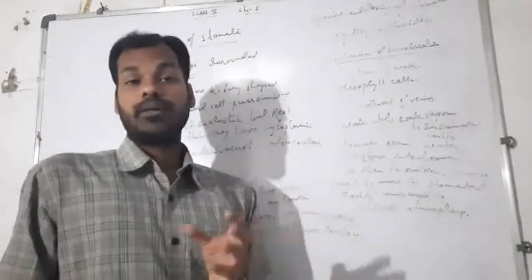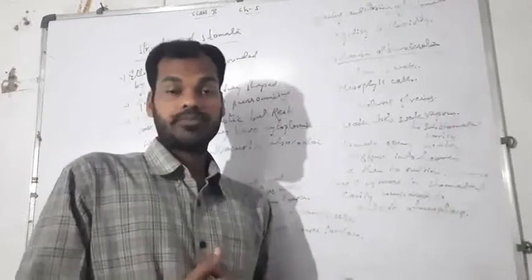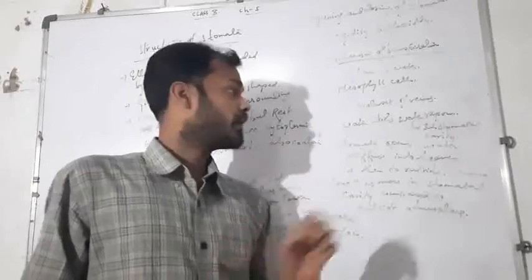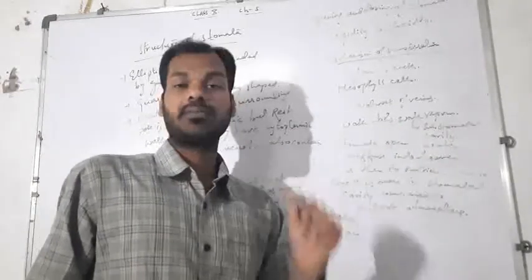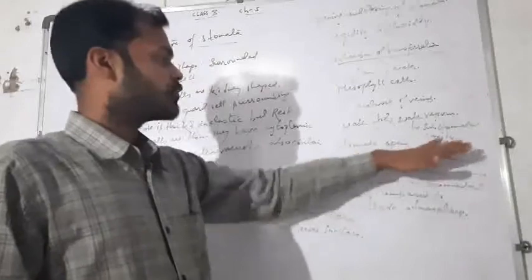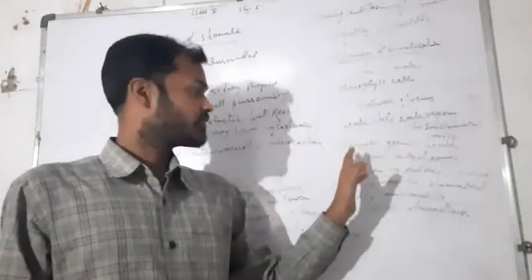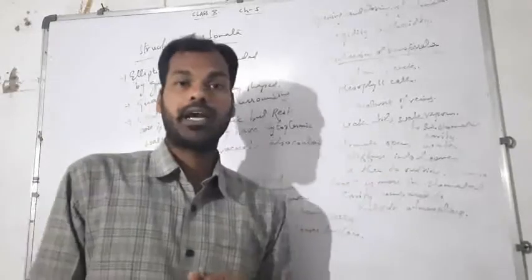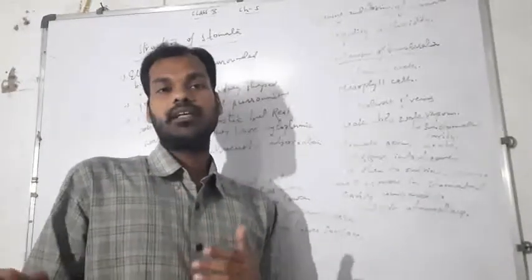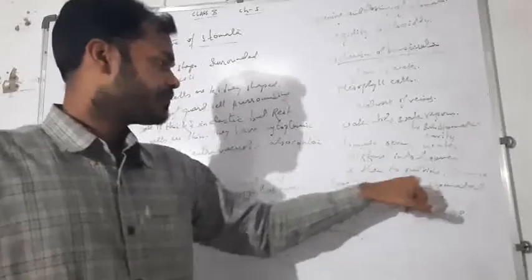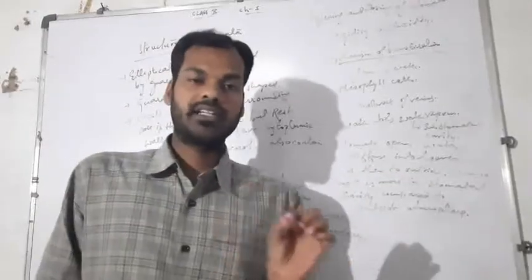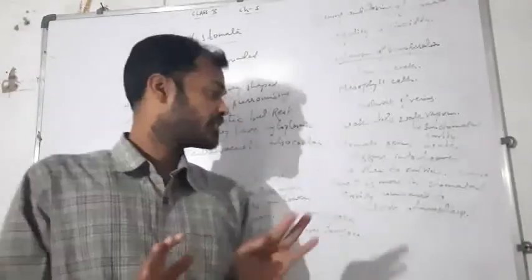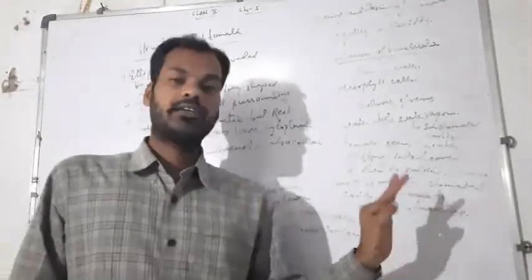Now, when the mesophyll cells absorb sunlight, that water is converted into water vapor, and this water vapor shifts to the substomatal cavity. Now see, when the stomata opens, water diffuses from the leaves to the outside, because the concentration of water in the cell sap or substomatal cavity is higher than in the outside atmosphere.